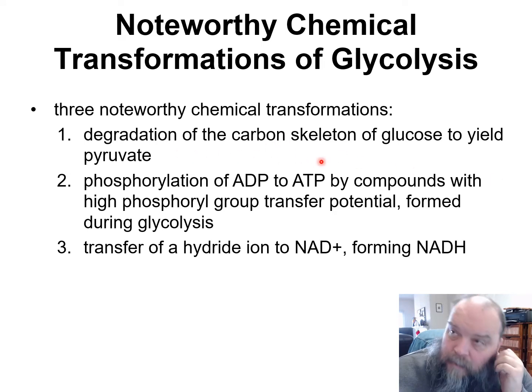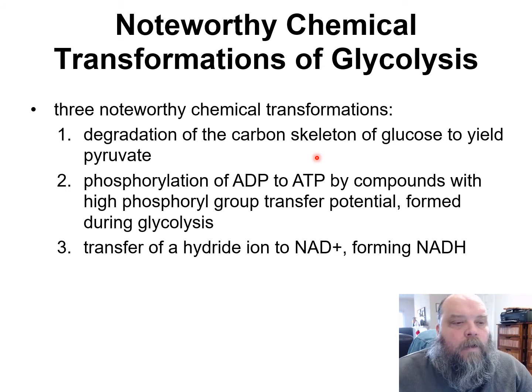So the carbon skeleton, whether you're starting with glucose or fructose, we'll talk about that later, you're going to end with 2 3-carbon pyruvates. Those pyruvates still have a lot of energy in them. Just because the phosphate groups were pulled off doesn't mean all done, no more energy here.